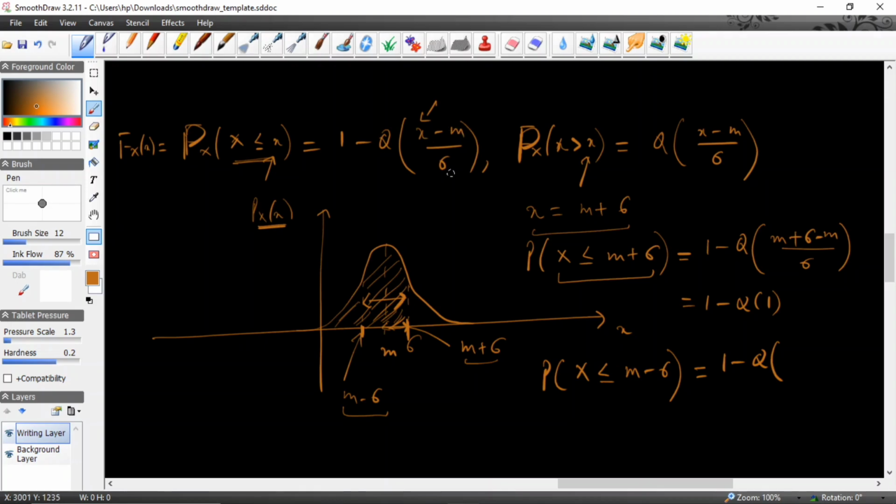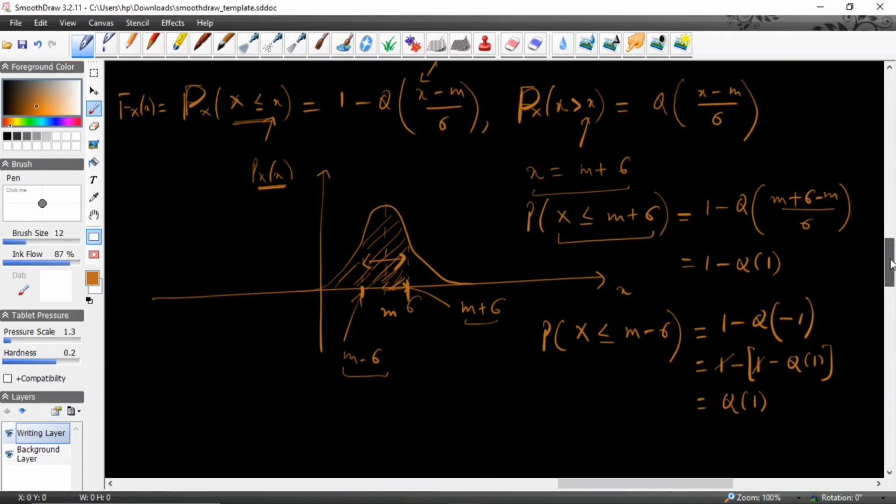You get minus sigma by sigma, that is Q of minus 1. Or I can write it as 1 minus Q of minus 1, and Q of minus 1 is 1 minus Q of 1, so you get it as Q of 1, because this 1 and this minus 1 get cancelled, and minus 1 and 1 becomes plus 1.